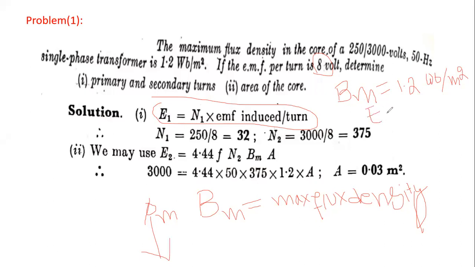First we write down the given data: E1 is equal to 250 volts and E2 is equal to 3000 volts, and supply frequency f is equal to 50 Hz.